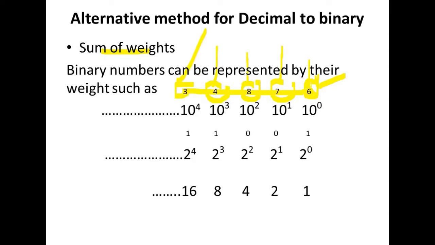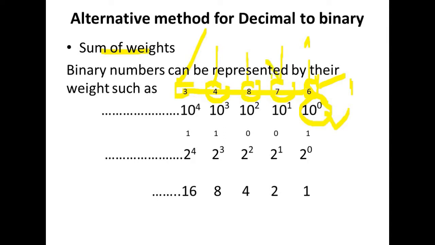So the digit which is in place of 6 is given the weight of 1. It means it has been given the weight of 10 to the power 0, because in the decimal system the base is 10. So the first digit, that is 6, is given the weight of 10 to the power 0, that is, the weight of 1.